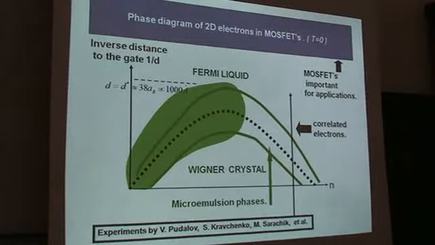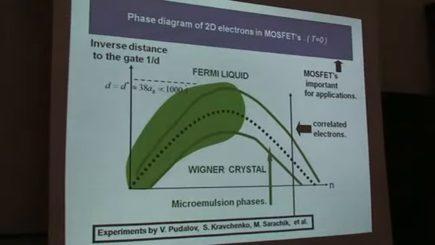So what will happen is that at a given distance to the gate d, when density is very large, the distance between electrons is small, so they interact via Coulomb interaction. So at large densities they are liquid. At small density, when the distance between electrons is larger than the distance to the gate, they are in a different paradigm, so to speak, the paradigm of helium-3: the interaction is dipolar.